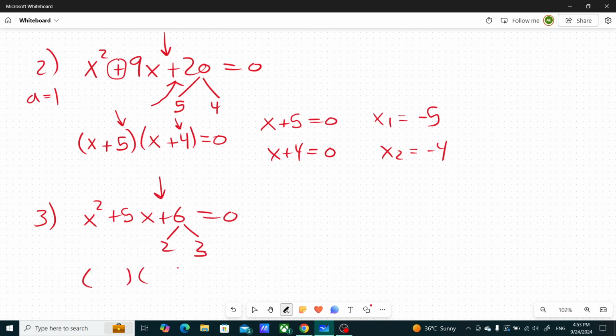I will put my brackets, x and x, first factor, second factor. Again, since this is a plus, they will both take the middle sign, so both will take a plus. So I have x plus 2 equals 0, giving me an x1 of negative 2, and x plus 3 equals 0, so x2 is negative 3.